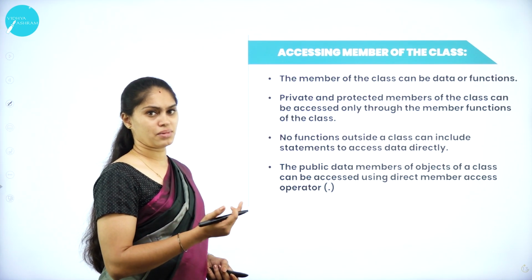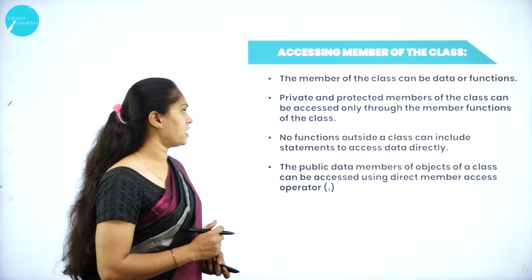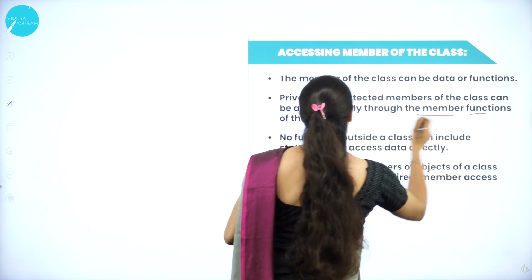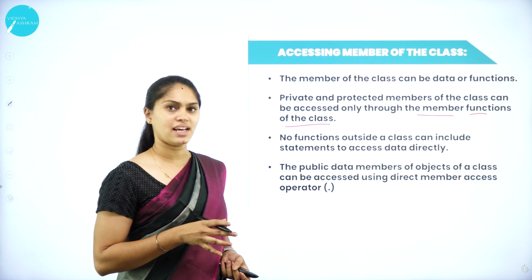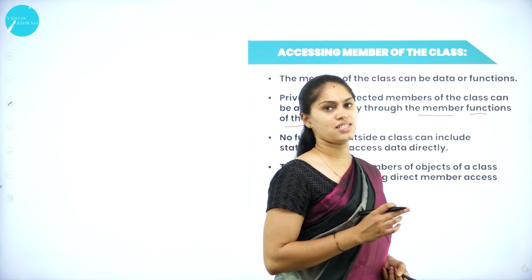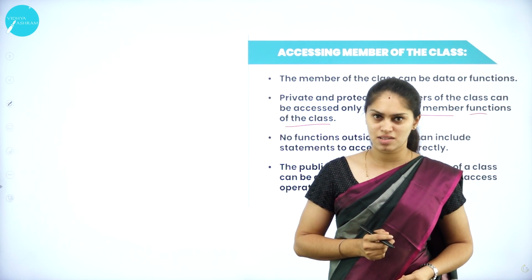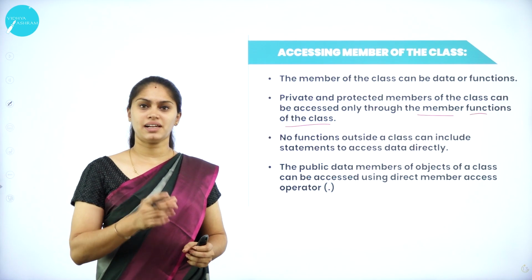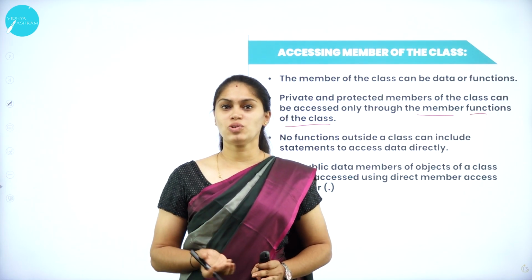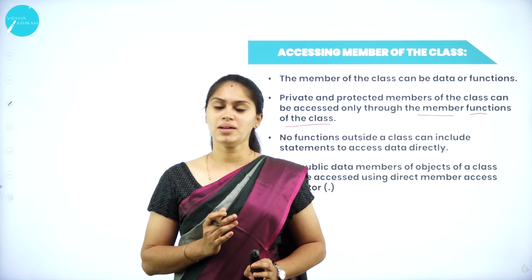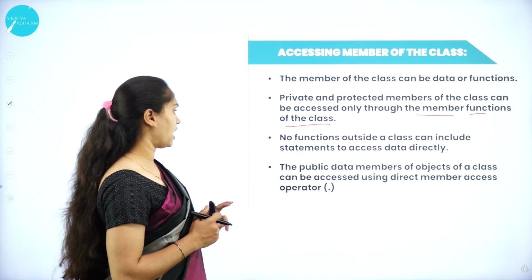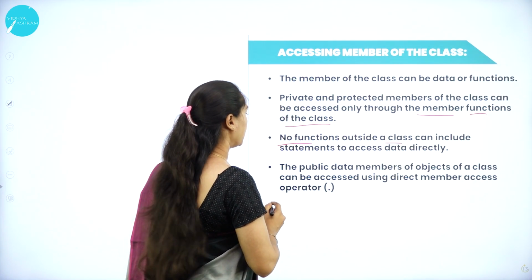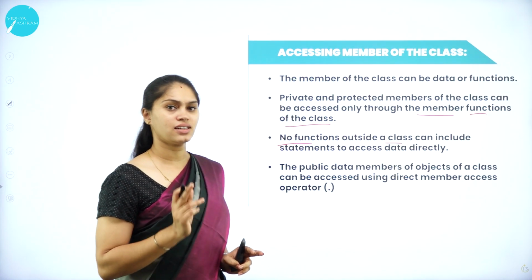It can be either data members or member functions, and private and protected members of a class can be accessed only by the member functions of the class. If my data members or member functions are declared under the private access specifier, then only the public member functions of that particular class have the privilege to access my private data members. So that is one point that you need to remember. No function outside the class can include statements to access the data directly.